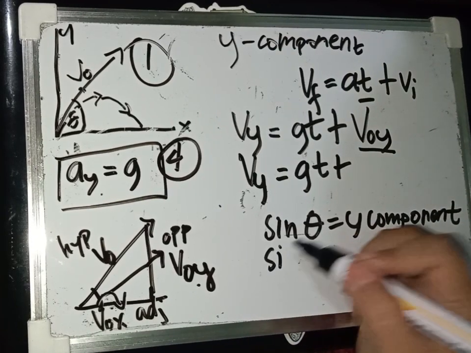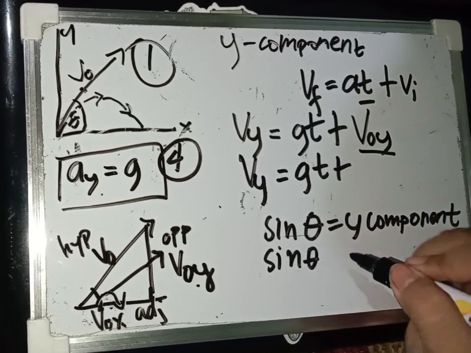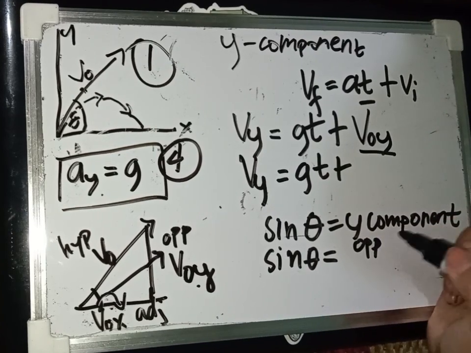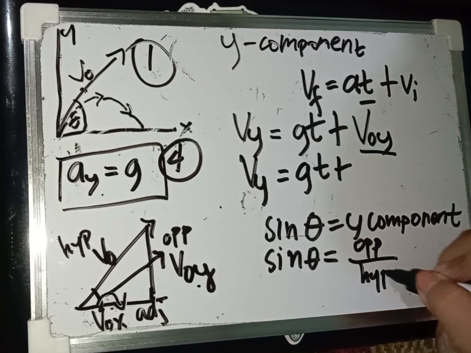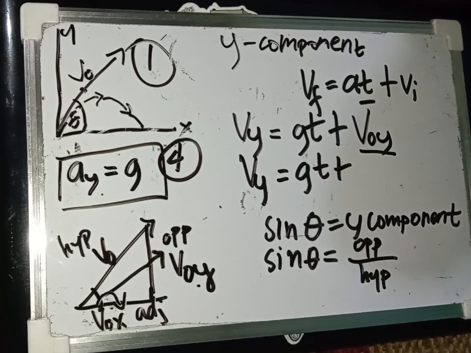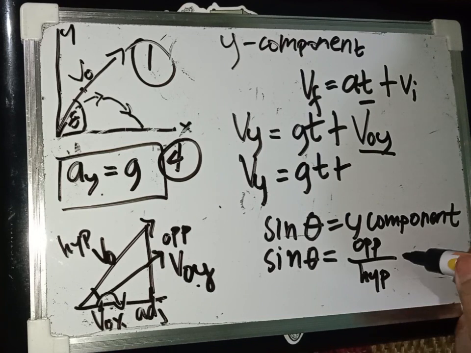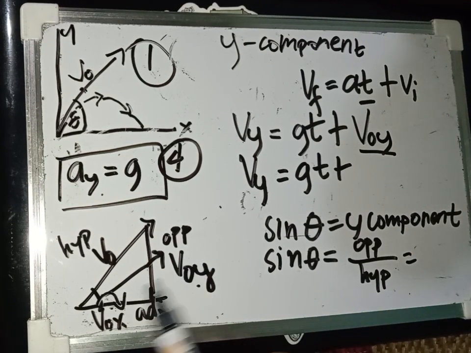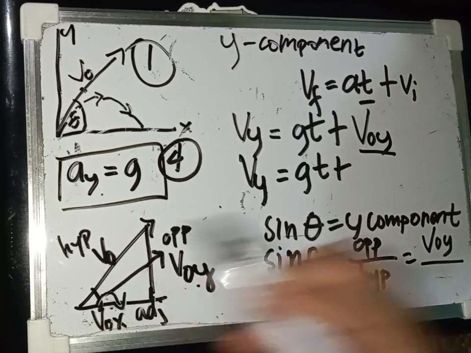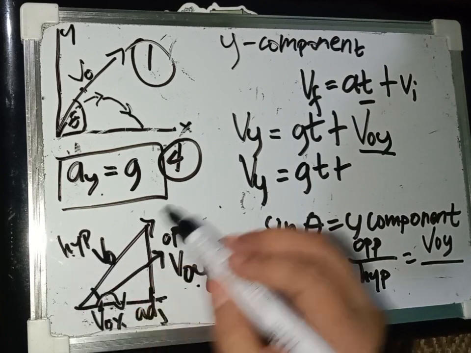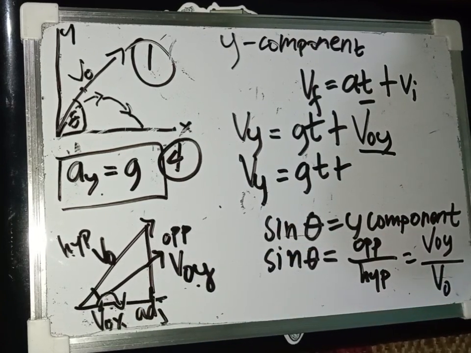So, sine theta is equivalent to opposite over the hypotenuse. Correct? The opposite is v naught of y. And then the hypotenuse is v naught. Yes, this one. This is the hypotenuse, the longer leg. V naught. Alright.